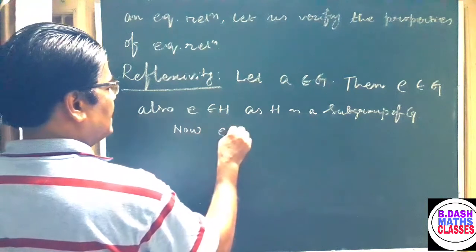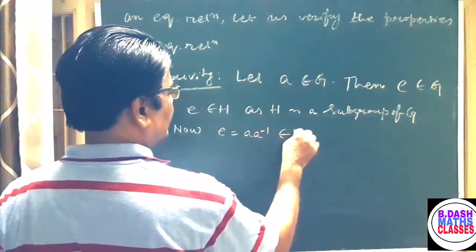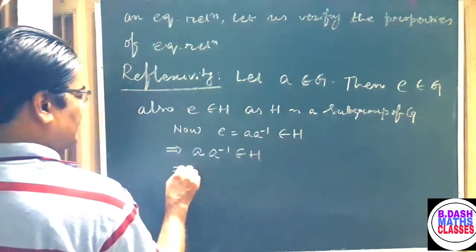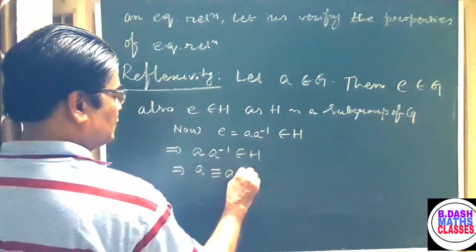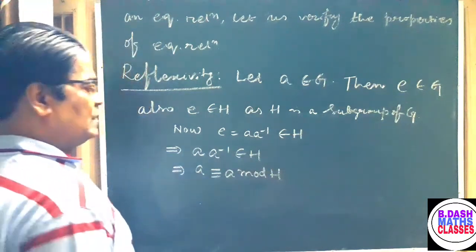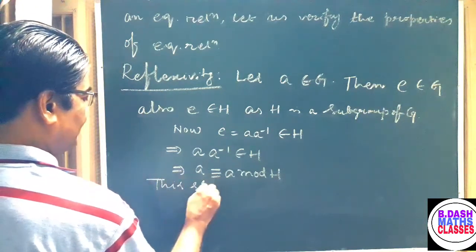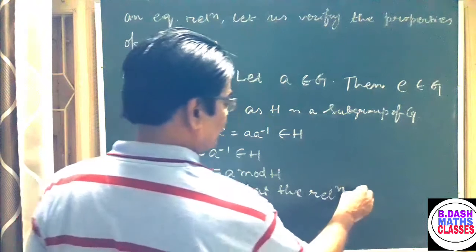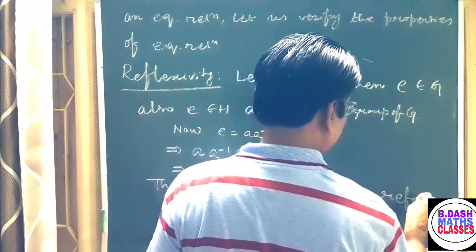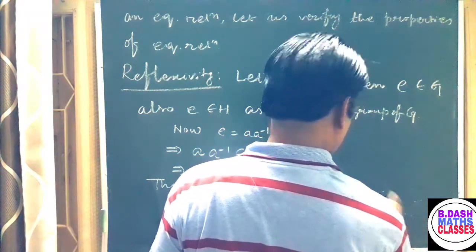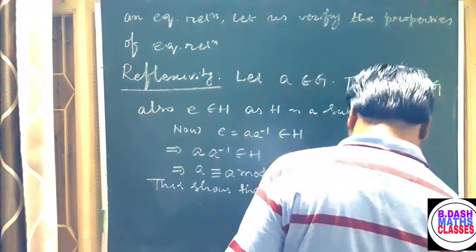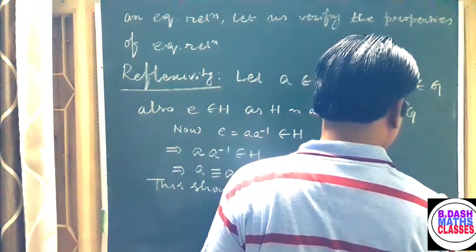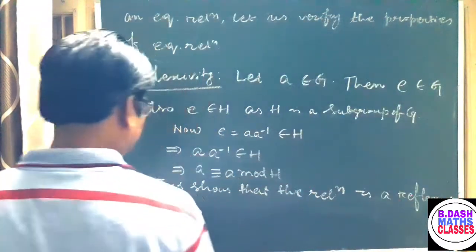Now e equals a a inverse, which belongs to H. So we can write a a inverse belongs to H, which implies a congruent to a mod H. So this shows that the relation is reflexive.